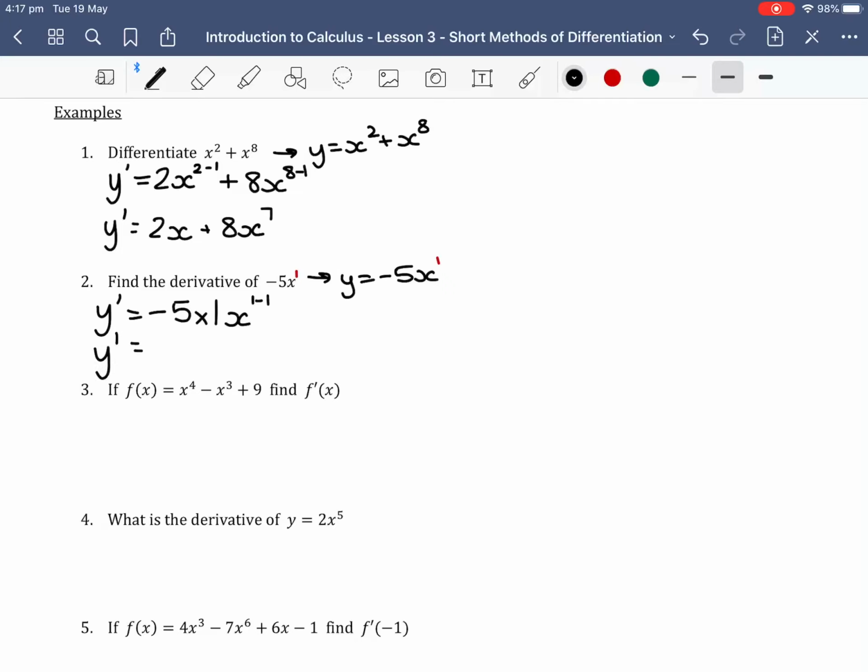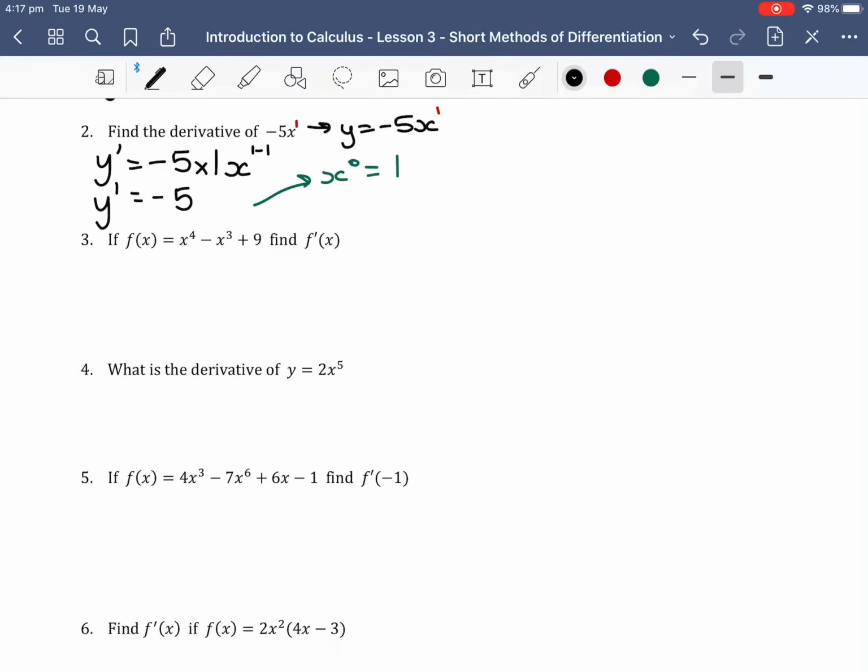Negative 5 times 1 is just negative 5, and then x to the power of 1 minus 1 is x to the power of 0, where x to the power of 0 is just equal to 1. So this is just negative 5 times 1, which is negative 5.